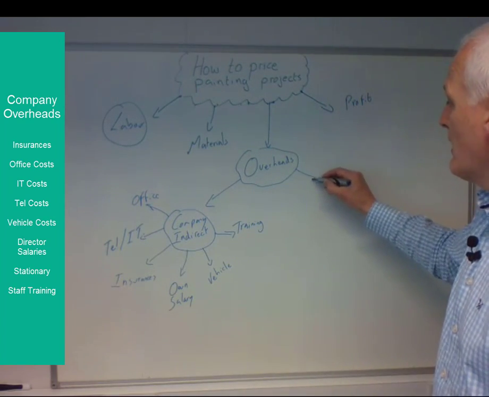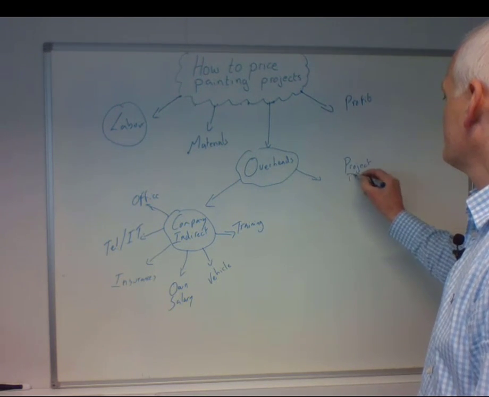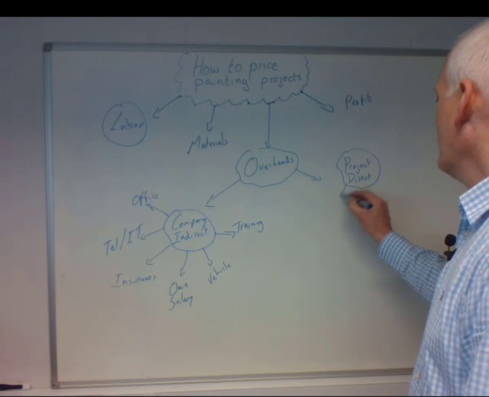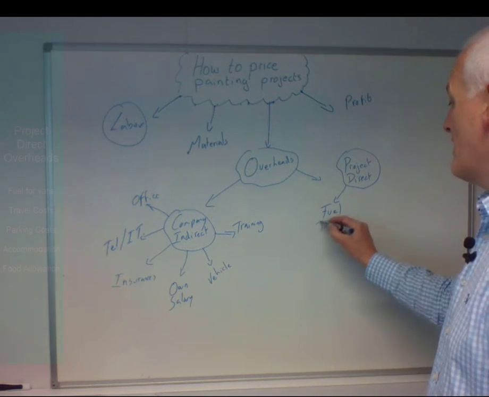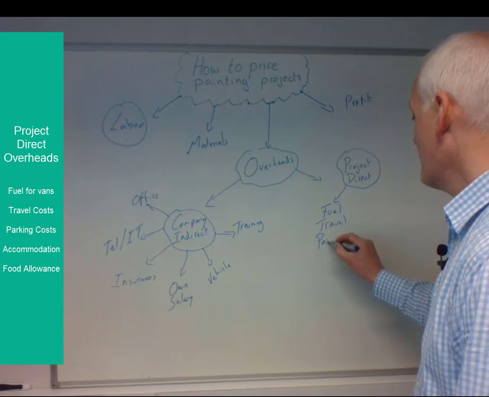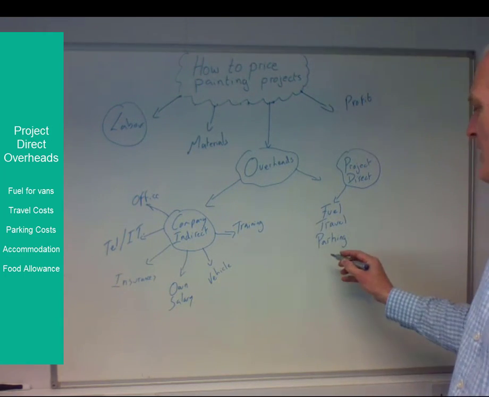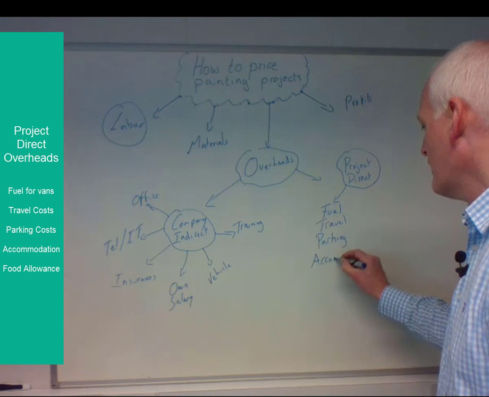Your price also has to cover the project direct overheads. Now this is going to include things like fuel, travel costs, parking if there's no free on-site parking. If you're on a project where your operatives are working away, then you'll obviously have accommodation costs.